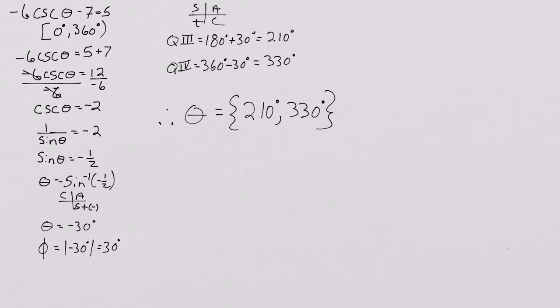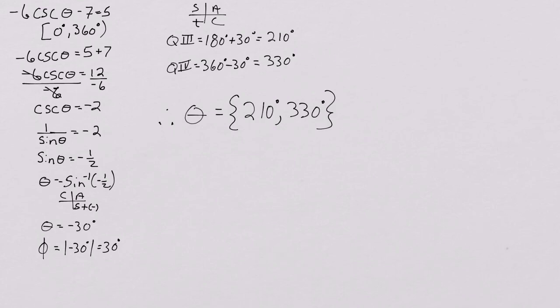Once again, I use theta instead of x because theta was what was given to me in the original problem. I expressed my answers in degrees because the restriction they gave me on my answers was given in degrees. The only two answers, 210 and 330, are in fact between 0 and 360. All the other answers would either be negative or positive greater than 360, so I wouldn't use them.